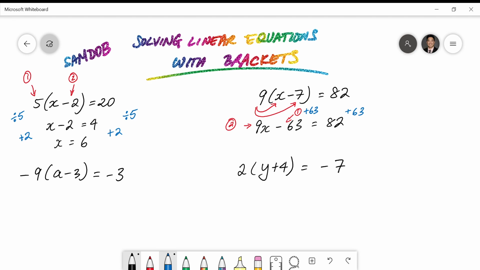If you need to use your calculator at this point because we're dealing with some larger numbers, that's completely fine. 9x is equal to 145.